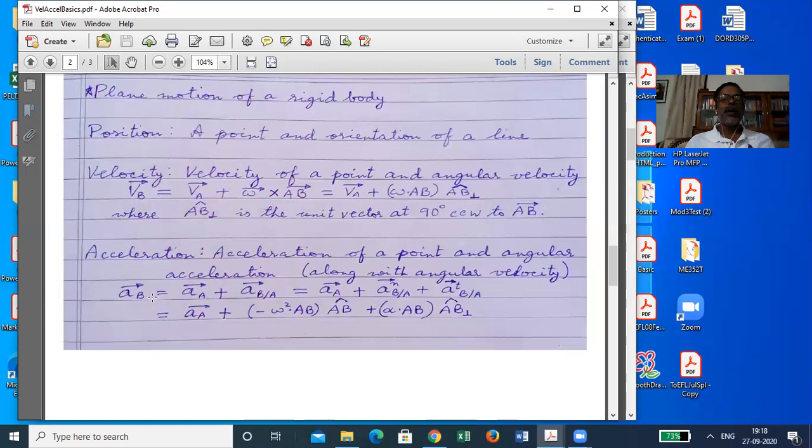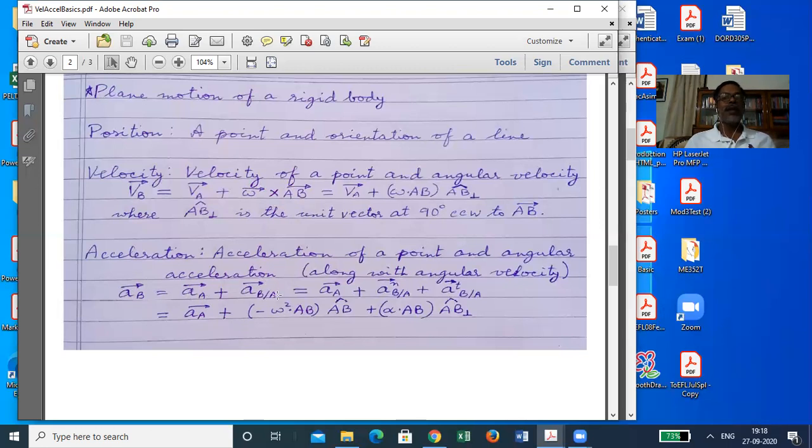So, with the specification of linear velocity of one point and angular velocity of the body, you will have the acceleration of any other point as acceleration of A plus the relative acceleration, the way this was the relative velocity.